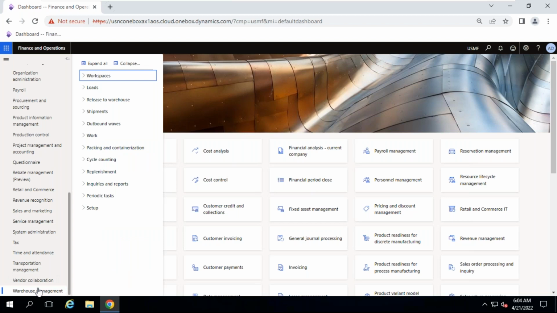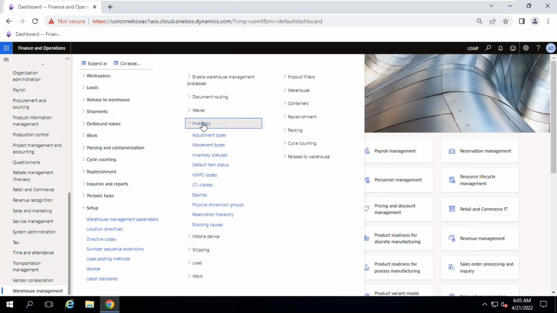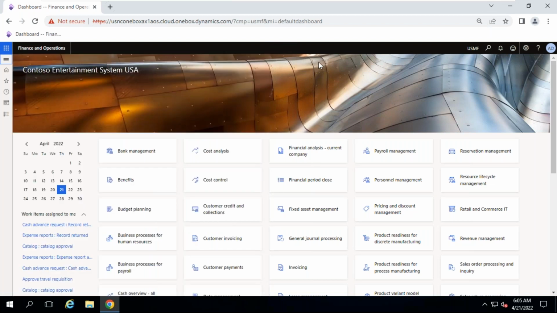No, I'm not able to get that point actually. So in D365, that option is merged under the license plate, with warehouse management and transportation, or is it separate? It is separate. So let me show you. Just give me a second.